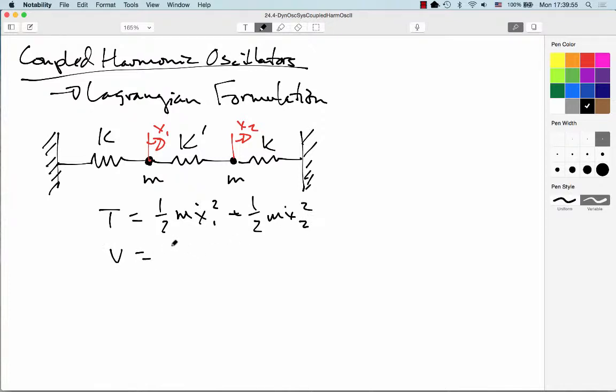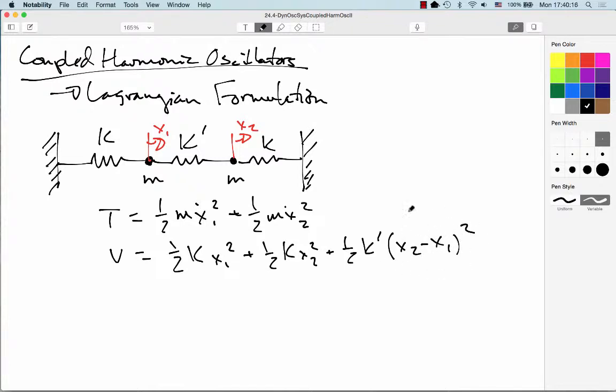The potential energy will be 1/2 k x1 squared plus 1/2 k x2 squared plus 1/2 k prime (x2 minus x1) squared, and this is what in the jargon we call a coupling term. It's a coupling term because it depends on both coordinates. This term depends just on x1, this depends on x2.